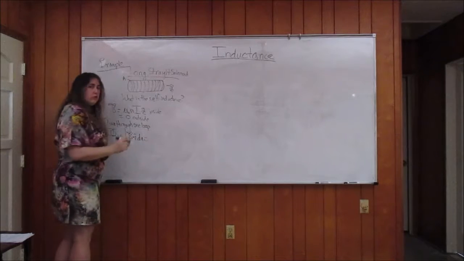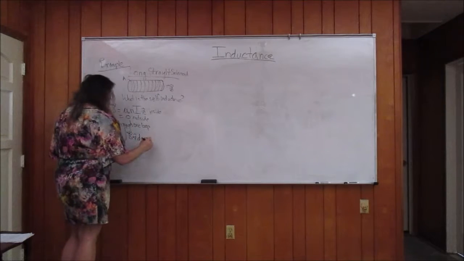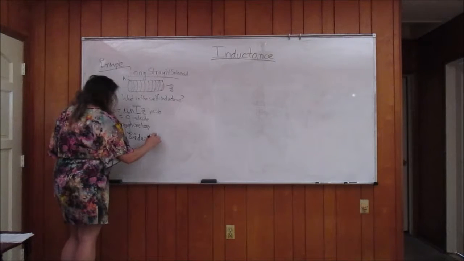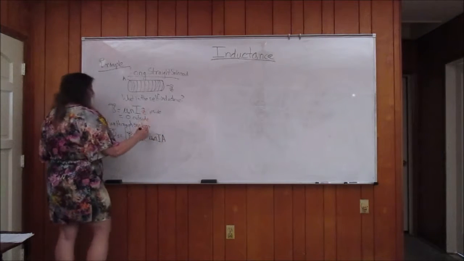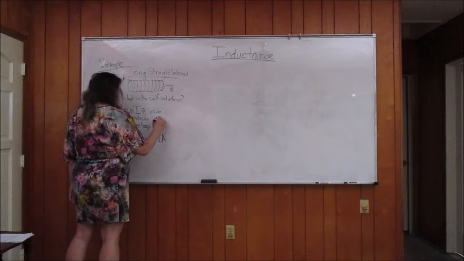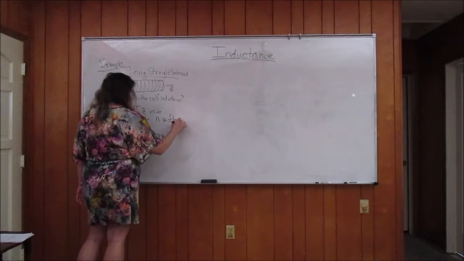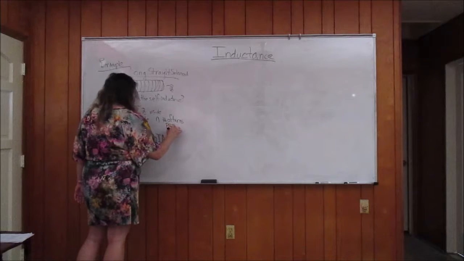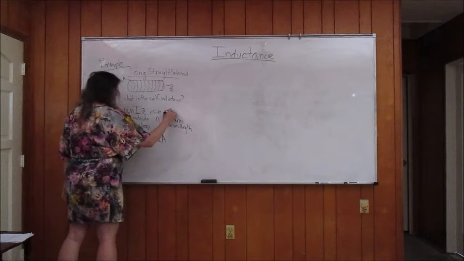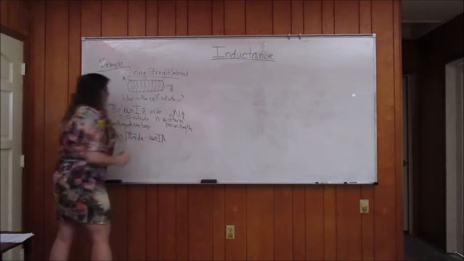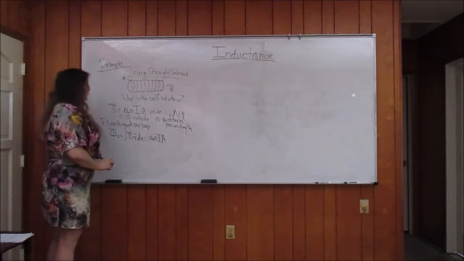Well, the magnetic field is uniform, so this is just magnetic field times area. It's just mu naught n I times A. And of course, n is the number of turns per unit length, capital N over little l.